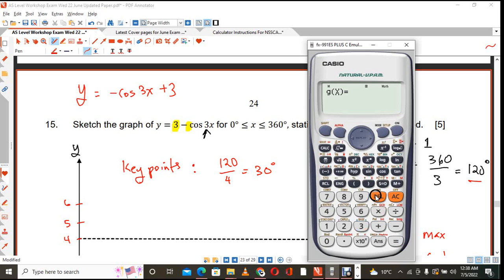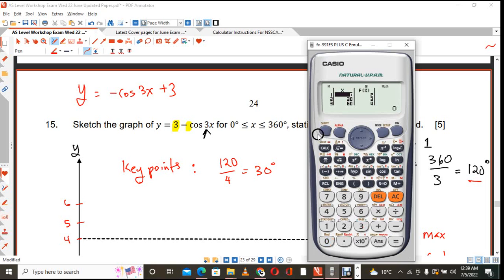Well, I'm not going to put the second function in there, but if you want to, you can put the normal cosine function, but I'm just going to press equals. So I'm going to start at 0 degrees, and I'm going to end at 360 degrees. Okay, and I want it to be in 30-degree increments or intervals.